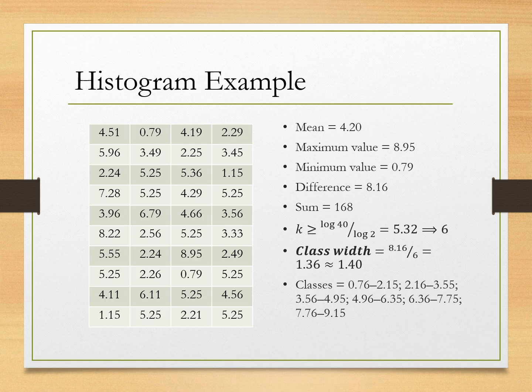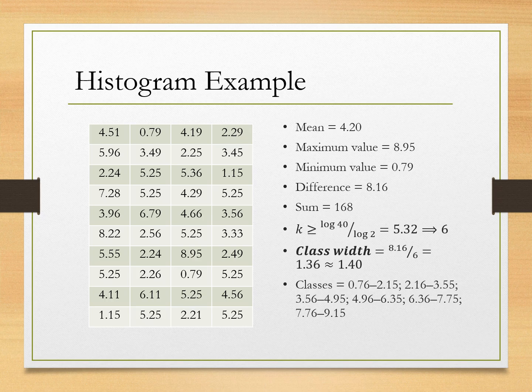In this histogram example, we have 40 data points, which has the mean value of 4.2 and the range of 8.16. And based on the formula of number of classes k, we can calculate the result is 5.32.